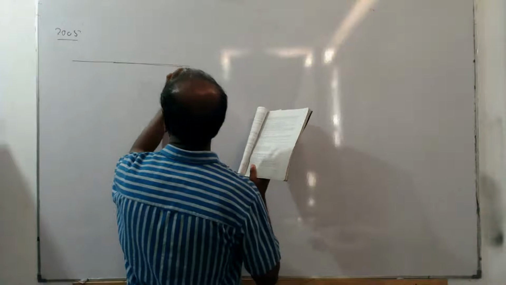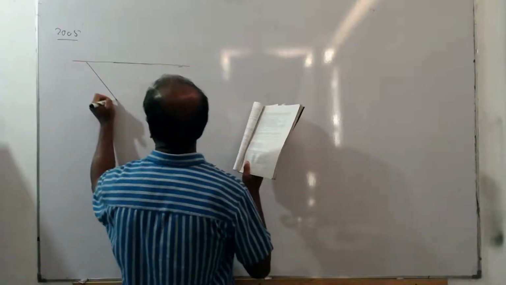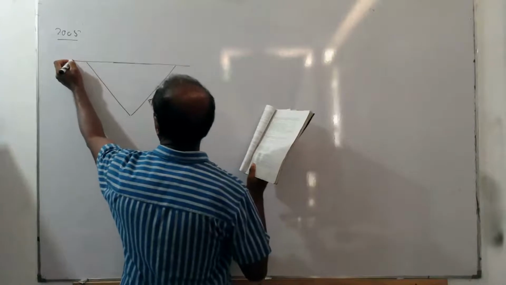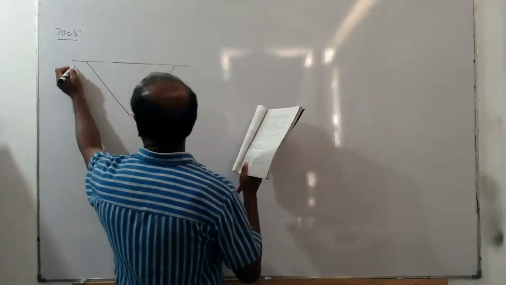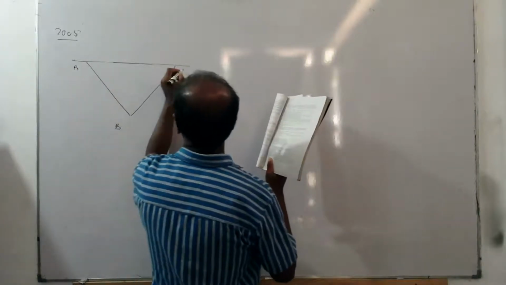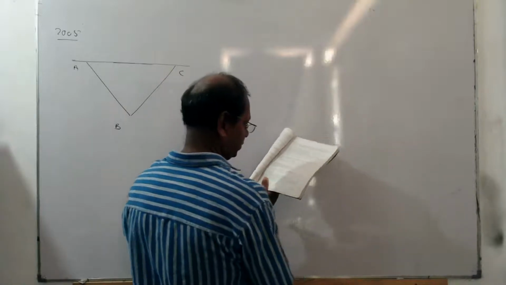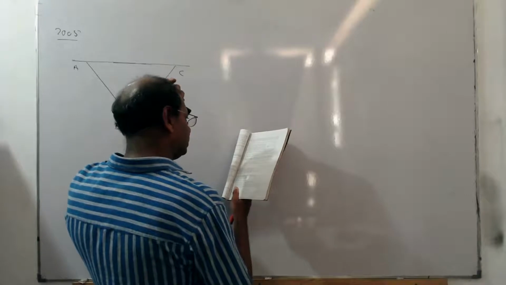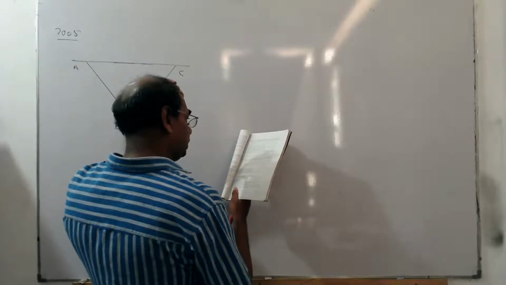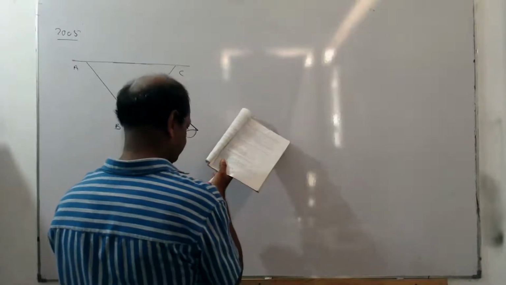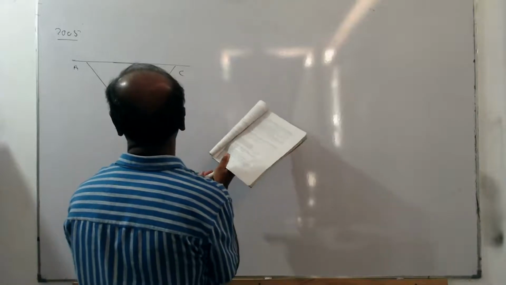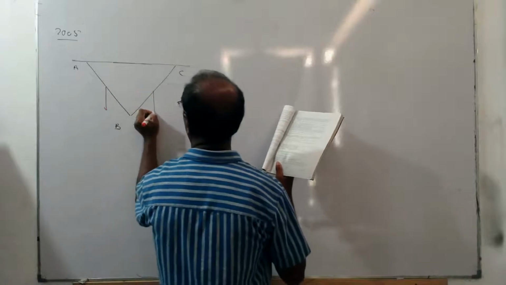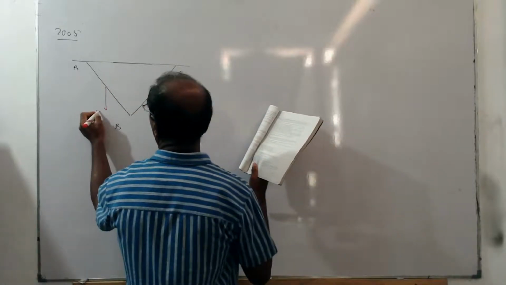Somewhat similar to the previous one. But this time only two rods are connected to a horizontal beam. This is a horizontal beam. 2005 question. AB, BC are two horizontal uniform rods of equal length 2a and weights W and 2W.